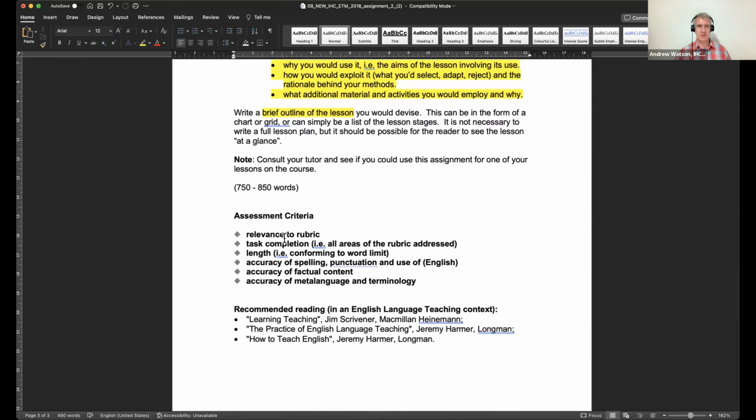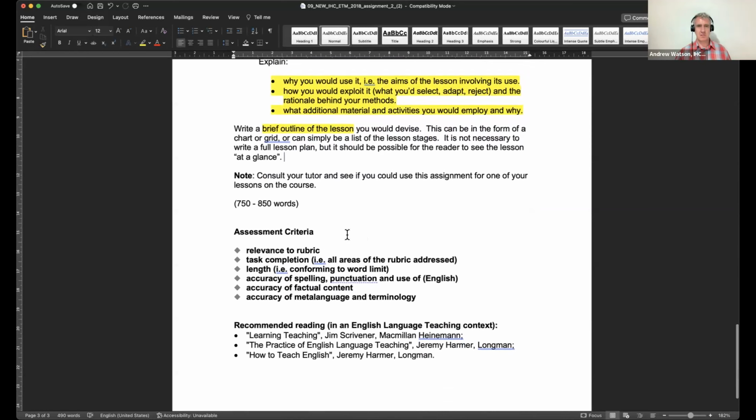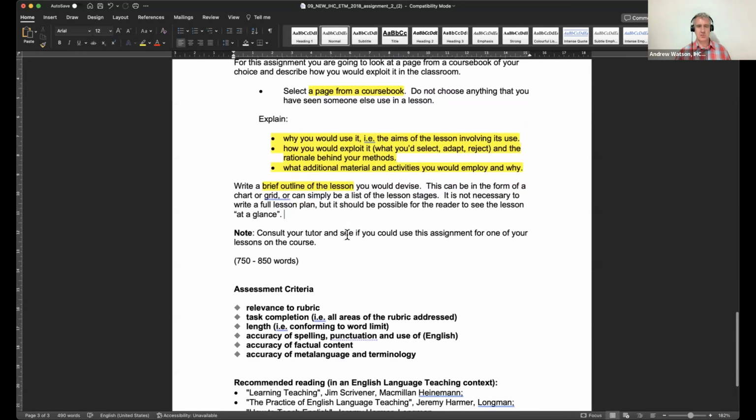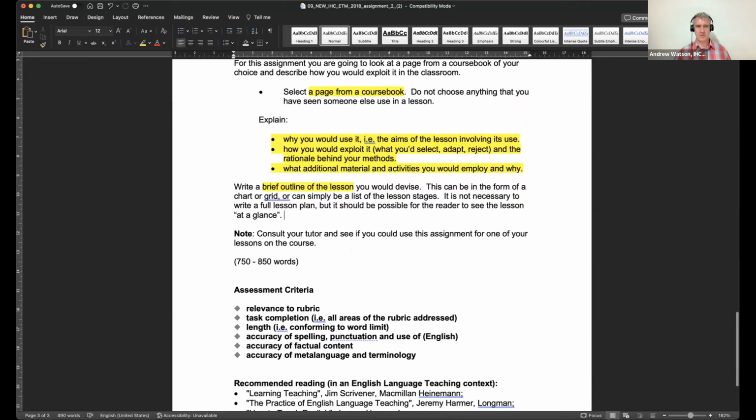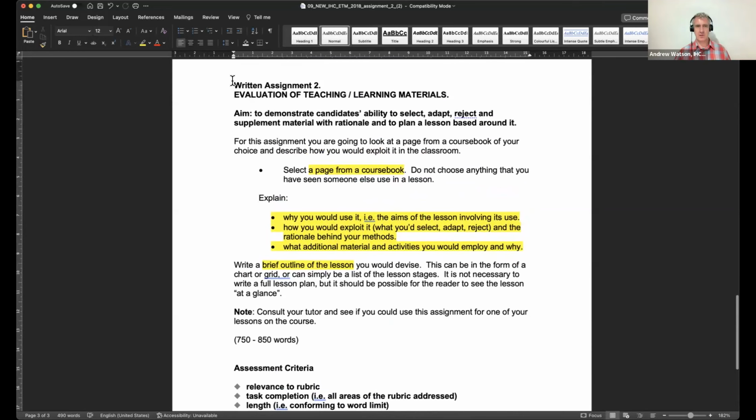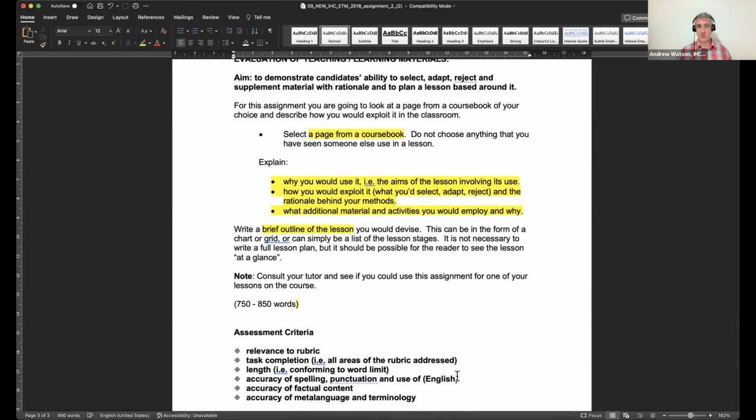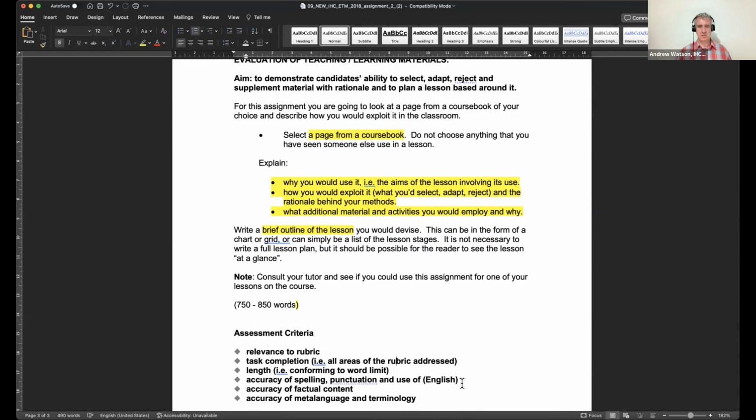Here are the assessment criteria. So is your essay relevant to the rubric? And all of this is the rubric, from the top to down here. Rubric is the instructions, yeah? Have you completed the task?